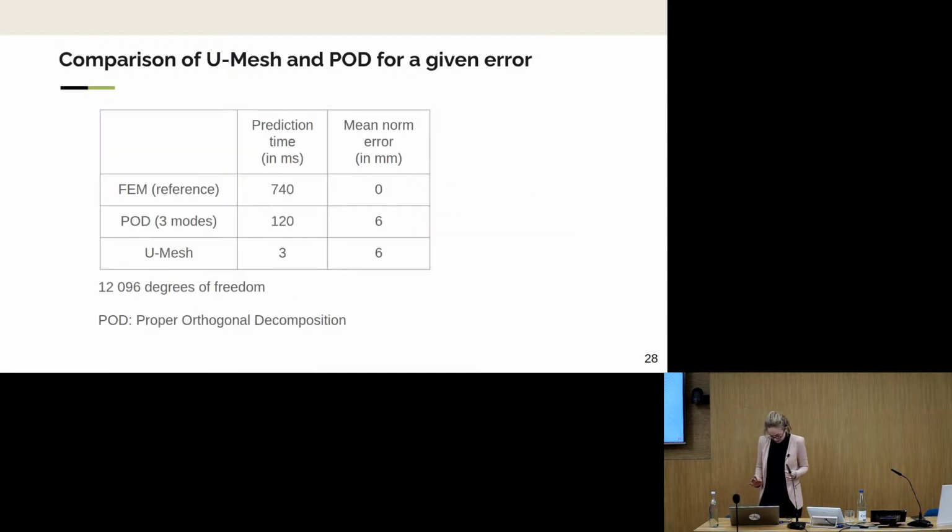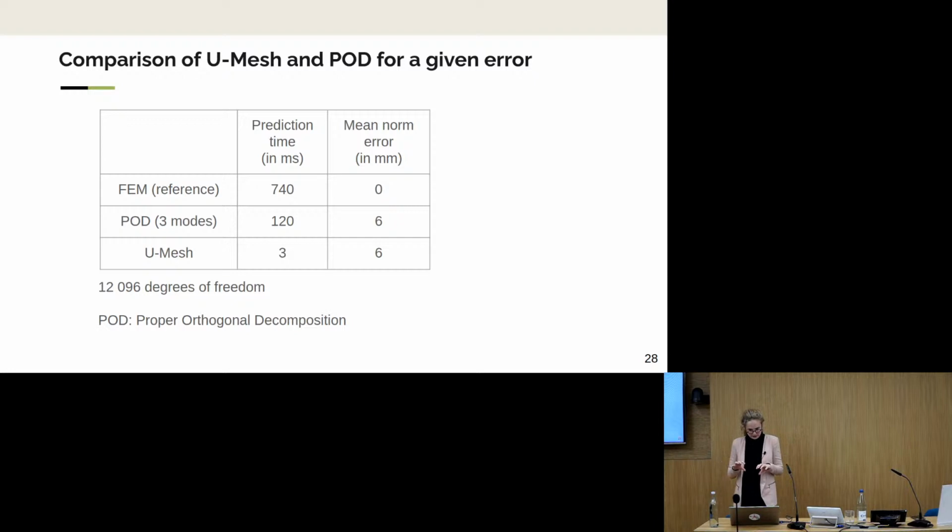So we wanted to compare the method to a previously existing method, and we chose the proper orthogonal decomposition for its similarities with the UNet, and we compared the two methods for a given error. The scenario we are considering is the cantilever beam, where we pulled on a node of the tip of the beam.